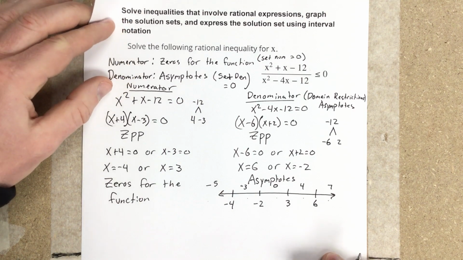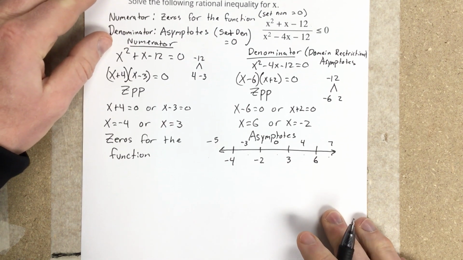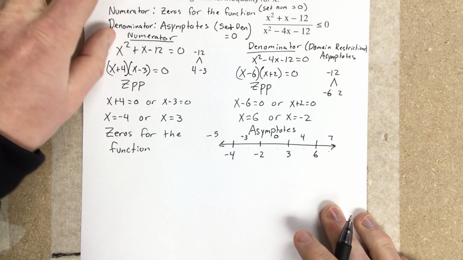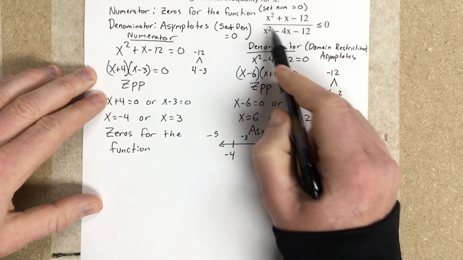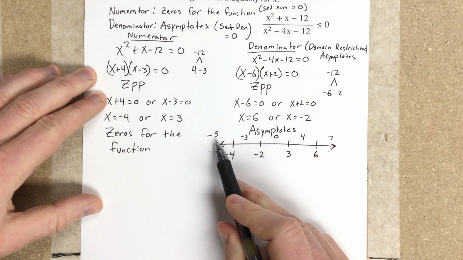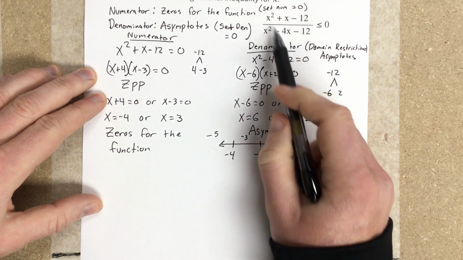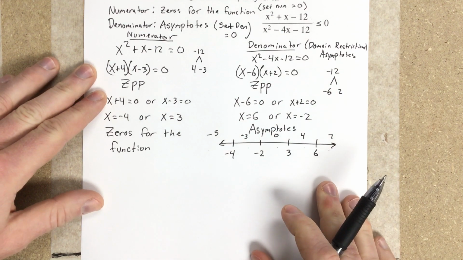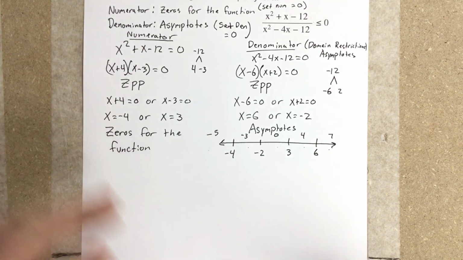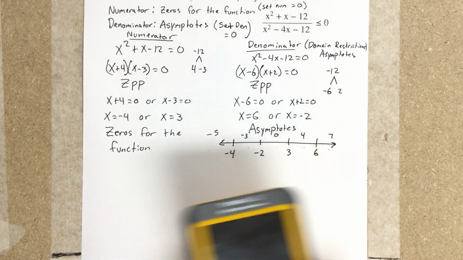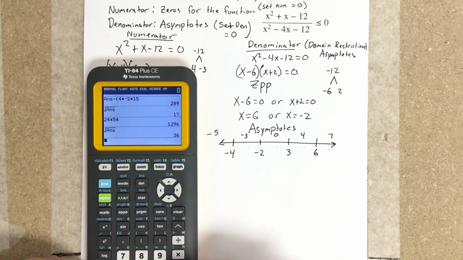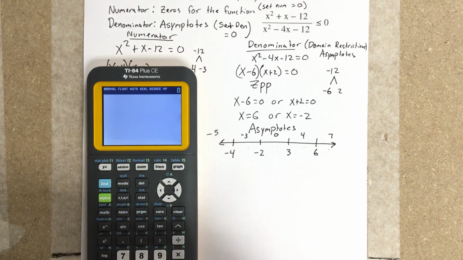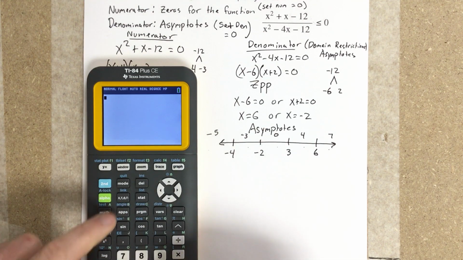Now to do this, I'm going to slide up just a hair so we have plenty of room. We're going to have to take this rational inequality and plug each number in to see what we get. To do that, I'm going to use the calculator to make it a little simpler for us. Otherwise we have a lot of writing.